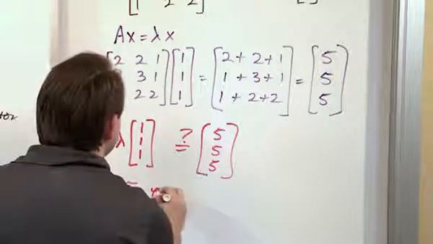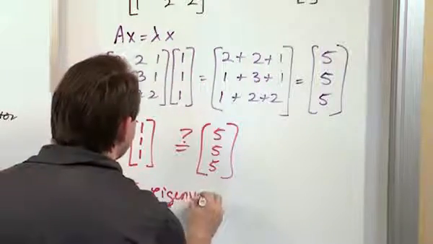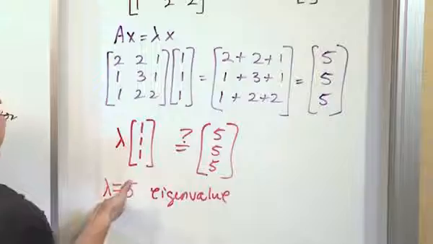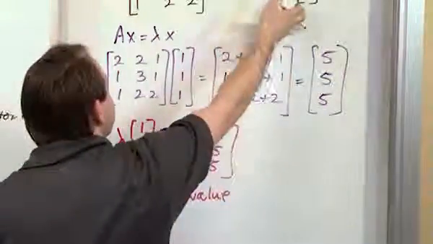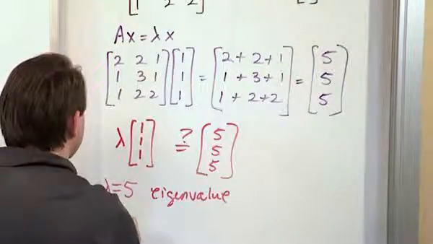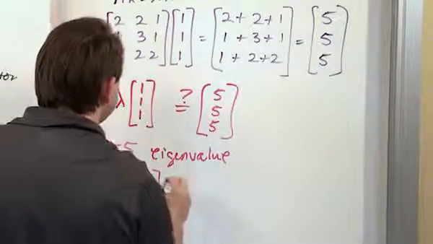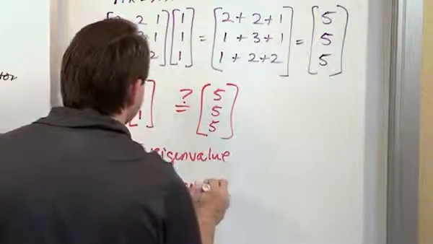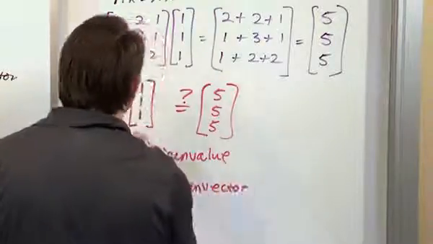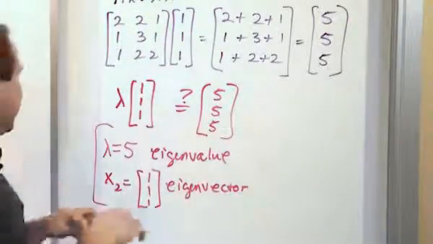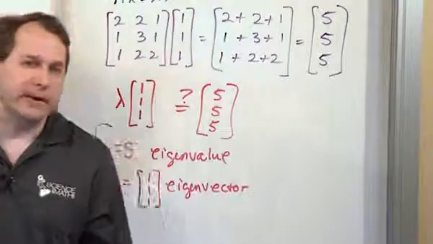So this is the eigenvalue, and the eigenvector that goes along with it is this original vector, 1, 1, 1. We say this is an eigenvector.